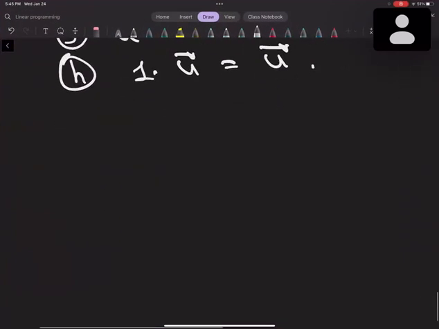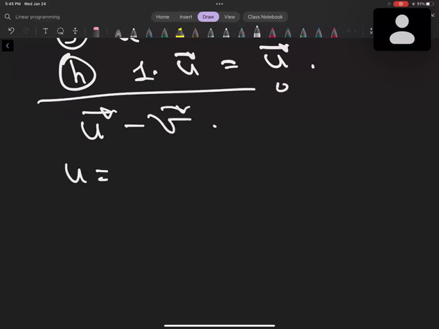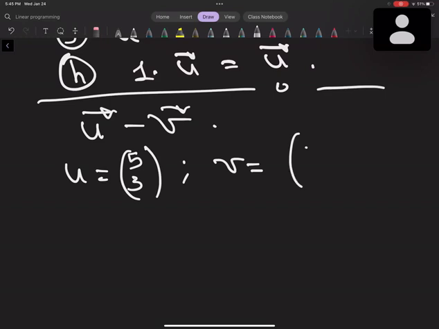So what I want to say about vectors is subtraction. Let's say we have the difference of vectors, u minus v. Let's say u equals (5, 3). And v, let's make it (2, 4).